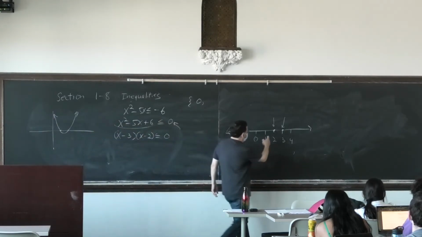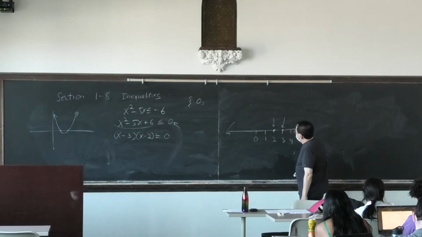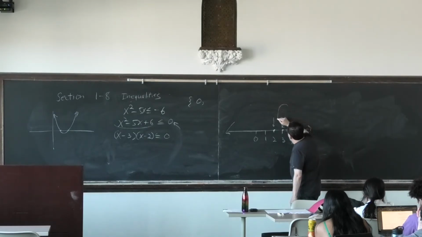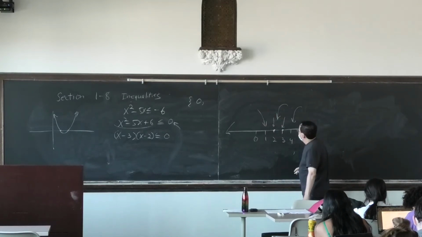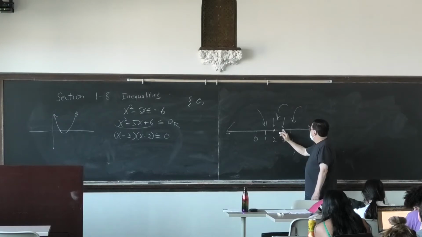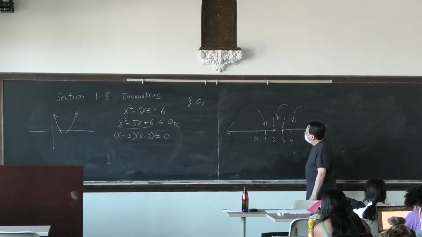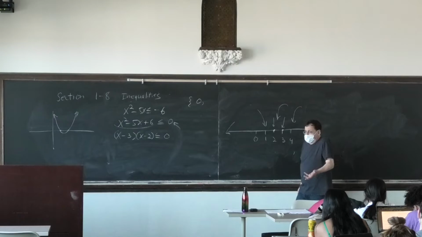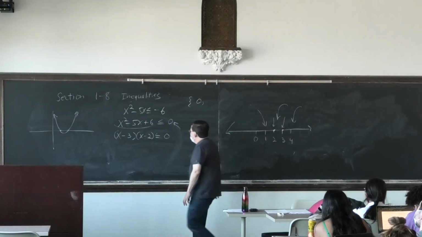So we can break the question up as to where the solution set is into three regions: on this side of 2, between 2 and 3, and on this side of 3. All we have to do is plug in some numbers and check.